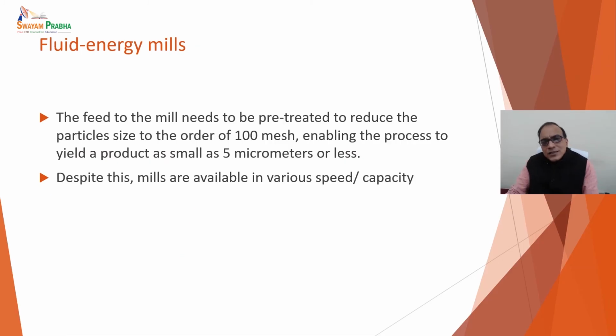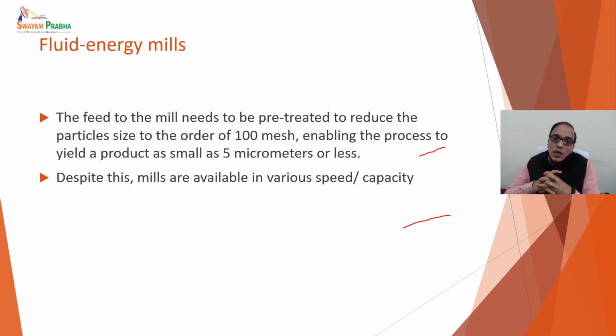For fluid energy mills, the feed needs to be pre-treated to reduce the particle size to the order of 100 mesh, enabling the process to yield a product as small as 5 micron or less. Despite this, mills are available which are capable of higher output with high frequency.